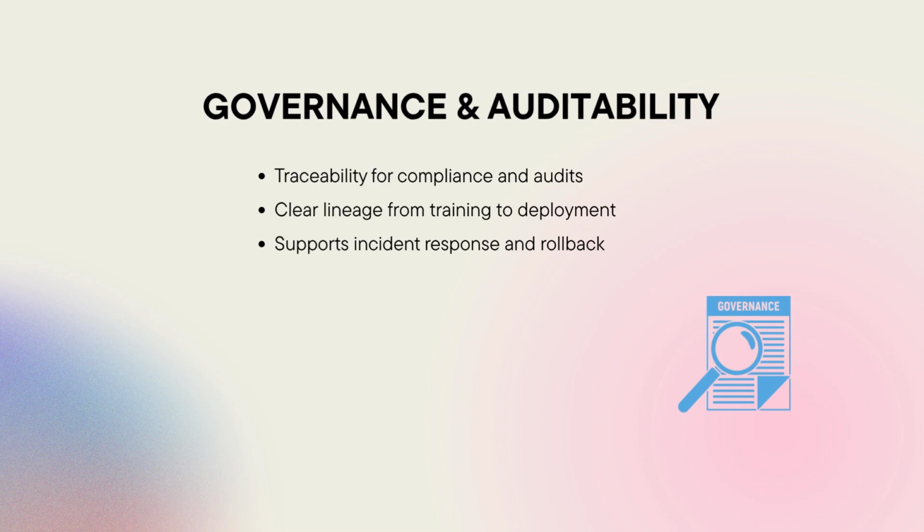If an issue arises, teams can quickly identify which version is in use, which data set it was trained on, and what metrics it achieved. This accelerates incident response and enables controlled rollback when needed. In short, registries transform AI operations from an opaque process into one that is transparent and defensible.